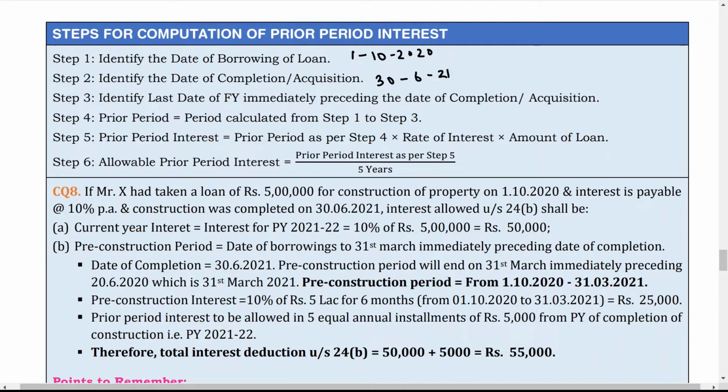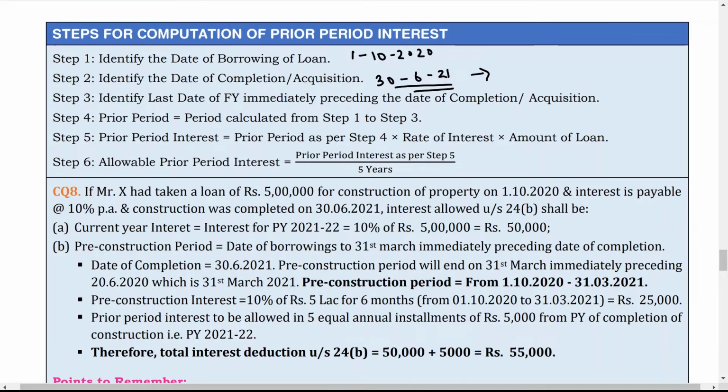Now, third step, identify the last date of the financial year immediately preceding the date of completion or acquisition. Completion took place on 30 June 2021. From that date, you have to find the preceding financial year, the last date of the financial year immediately preceding the completion of construction.